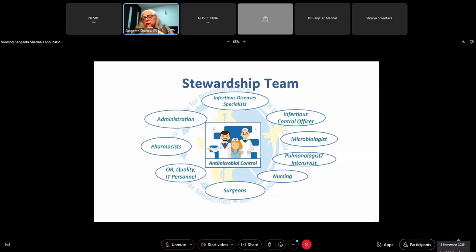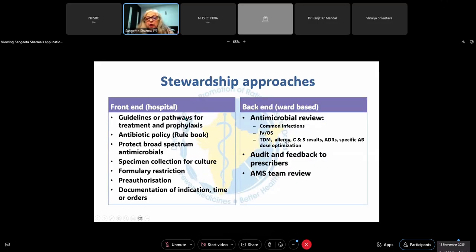Surgeons, whosoever is prescribing antibiotics, could be part of this stewardship. Nurses, pharmacists, infectious disease specialists, and quality personnel, if you have them, should be part of it. Microbiologists should be there. Administration people also should be there, because some of the decisions for procurement of supplies are taken by the administration, and in addition you may require more resources for carrying out these audits. So it is good to have administration people along with you.